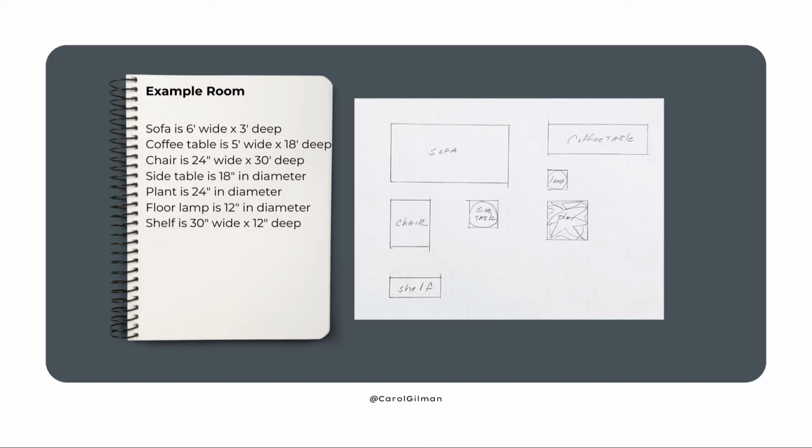And then when you have that information, draw those on your second sheet of graph paper and label each piece of furniture.